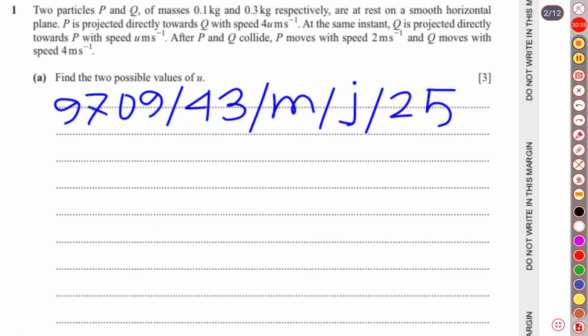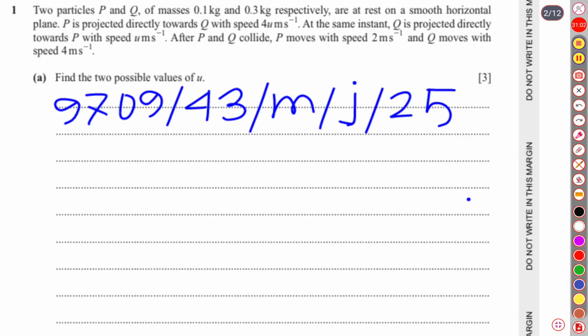The next question we are going to solve is from the paper 9709/43 for the session May June 25. Let's see what the question says. We are solving question number 1, and it says two particles P and Q of masses 0.1 kg and 0.3 kg respectively are at rest on a smooth horizontal plane.